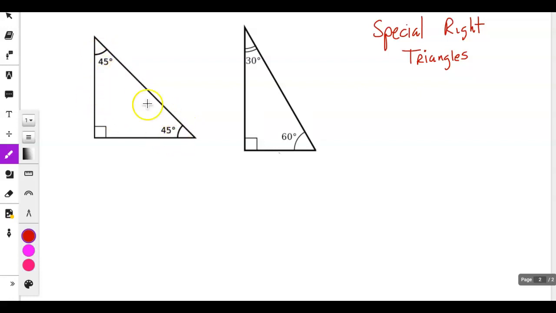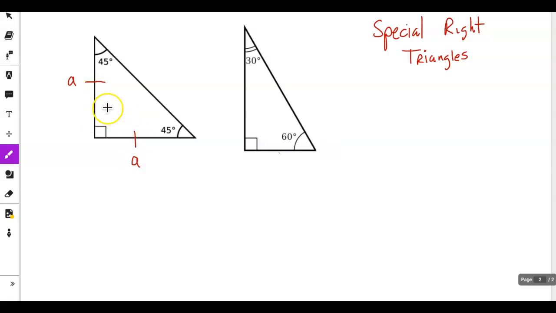Since the angles are equal, both of the legs are equal, and then you have the hypotenuse. What's cool is there's a little formula you can memorize to get a missing side if you're given one of them. For example, if this leg has a length of A, then this leg would also have a length of A because they're equal.